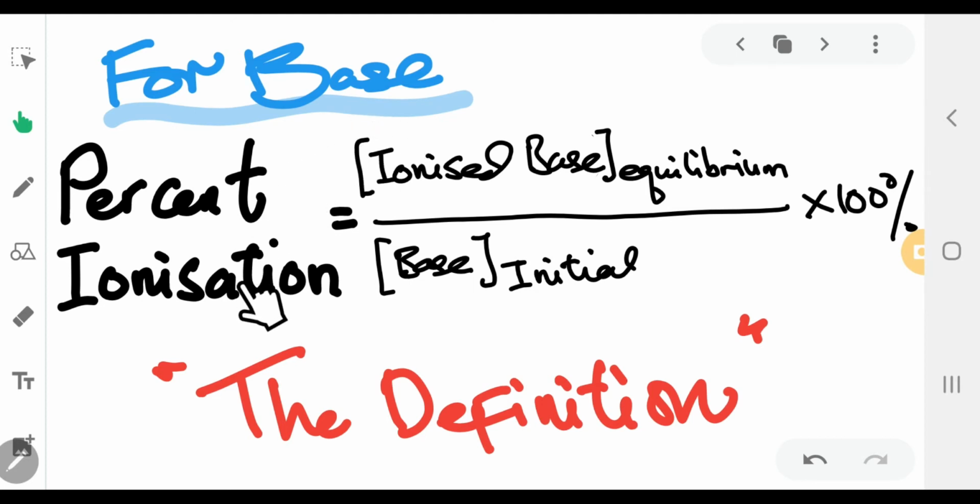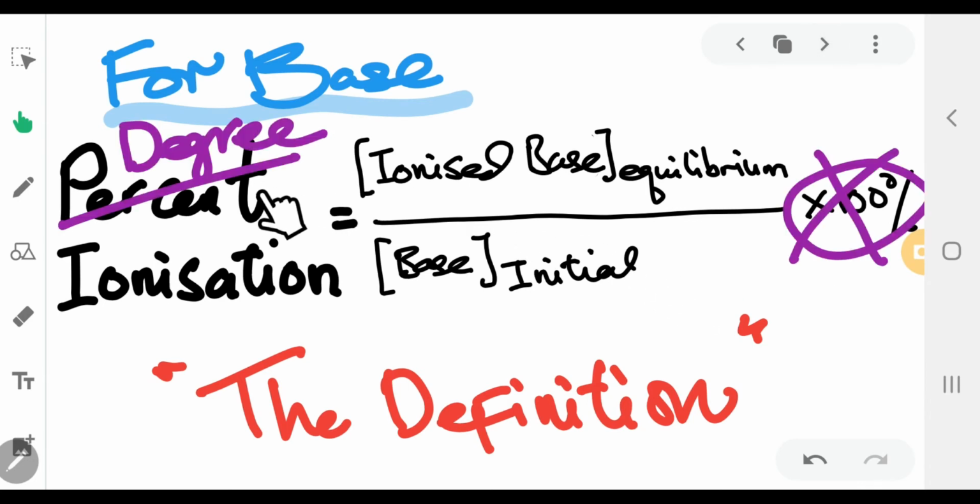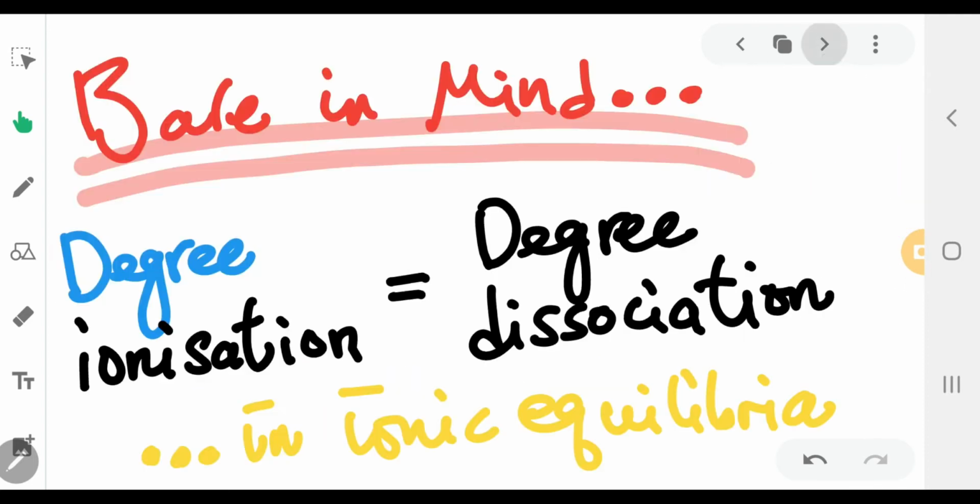Percentage ionization for a base is the same as what we have talked about for acids, but instead of the ionized acid concentration, you write the concentration of ionized base over the initial concentration of base times 100%. And yes, if you are asked to work with degree of ionization, the definition will be similar, except that you don't have to write times 100%.